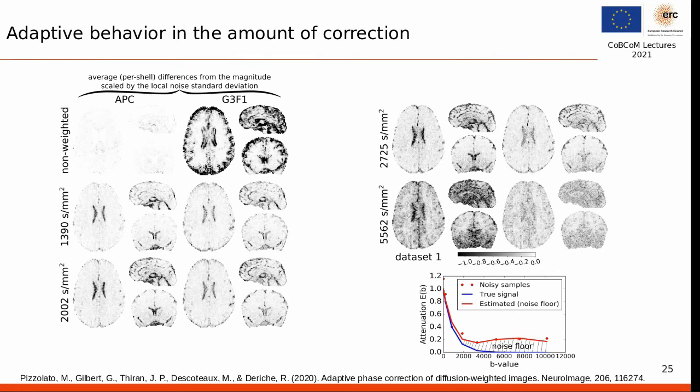And we really see that in the case of non-weighted images, so when the b-value is equal to 0, adaptive phase correction can really perform almost zero correction on the signal, whereas that's not the case for the competing technique. Moreover, as we increase the b-value that you see reported on the left, we see that adaptive phase correction produces a stronger and stronger correction, as we actually should expect.